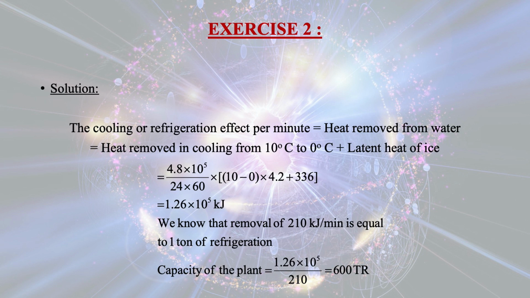First of all, while cooling, we have to cool the water from 10 degrees centigrade to 0 degrees centigrade. After that, the 0 degrees centigrade water, we have to cool it so that it will be ice at 0 degrees centigrade. So for that case, you have to remove the latent heat. So in two parts, we have to calculate the heat removed from water.